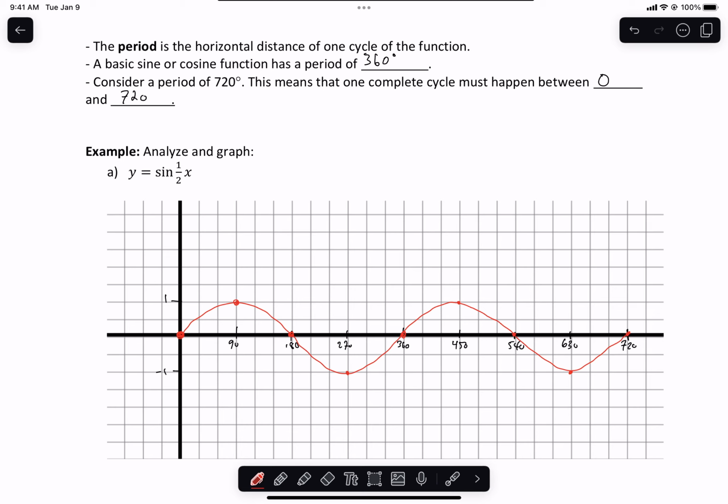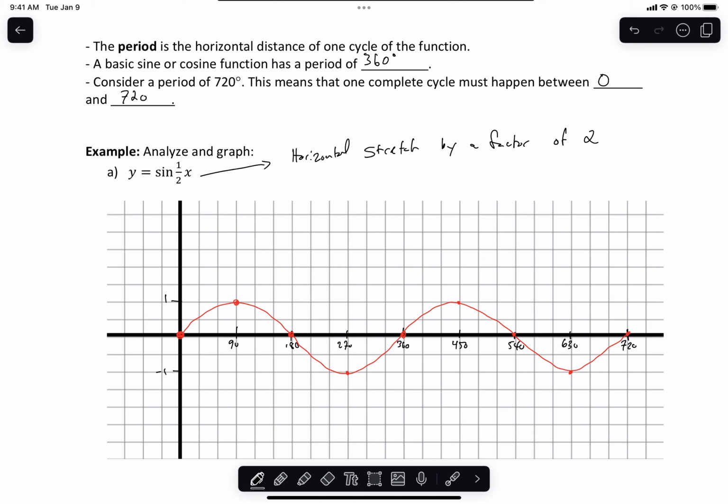And then we're going to say what happens to that graph based on what I see in the equation there, Gabe. It's going to horizontally stretch by a factor of 2. So this is a horizontal stretch by a factor of 2.